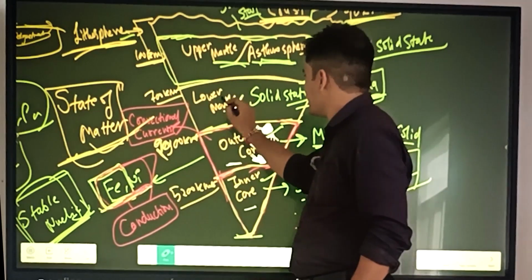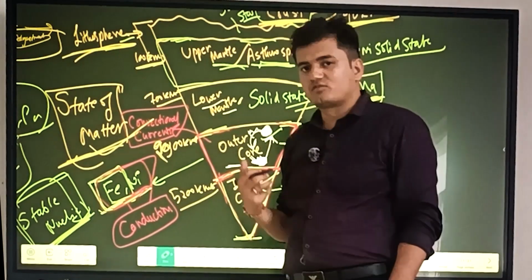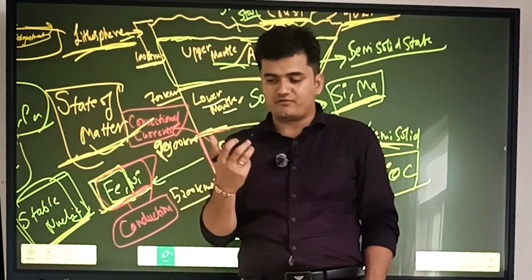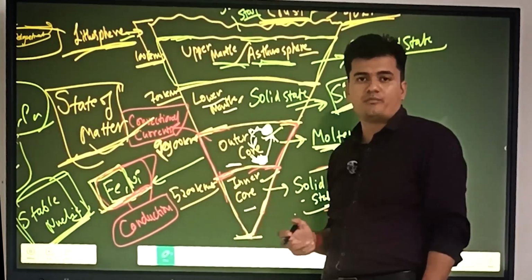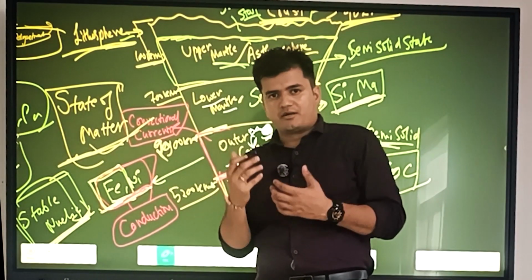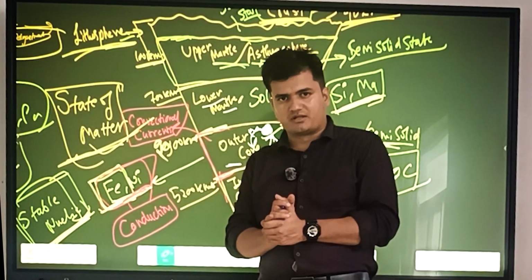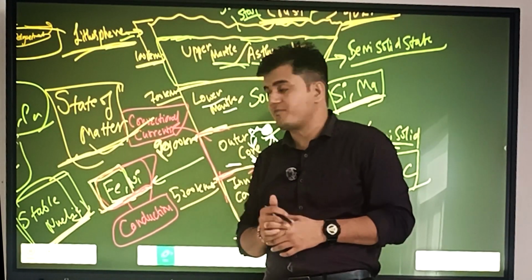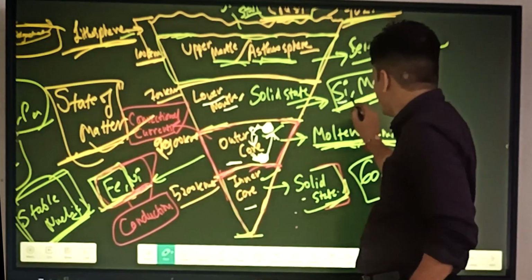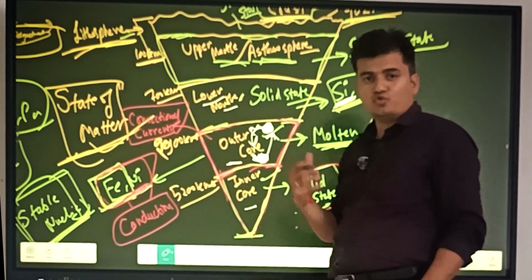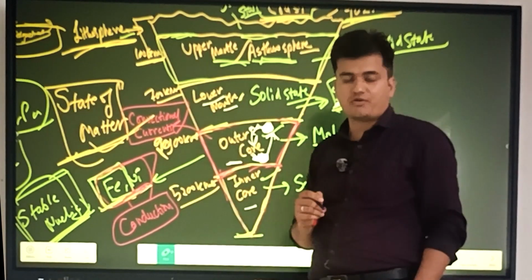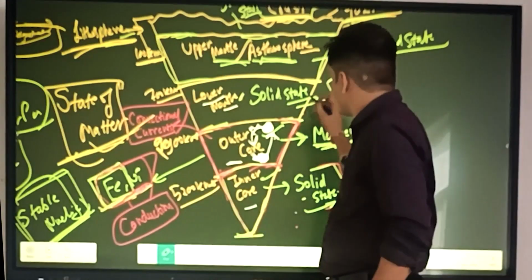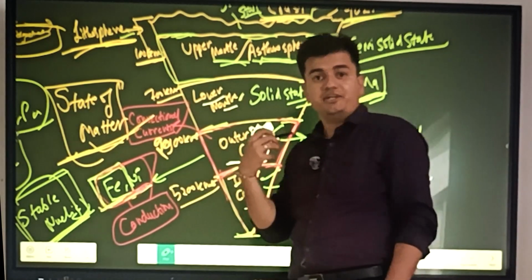Then comes the lower mantle. This lower mantle is in the solid form, and if the matter is in the solid form, then what will be the mechanism of heat transfer? The mechanism will be conduction. But we have silica in huge amount inside the lower mantle. This silica will act as an insulator.